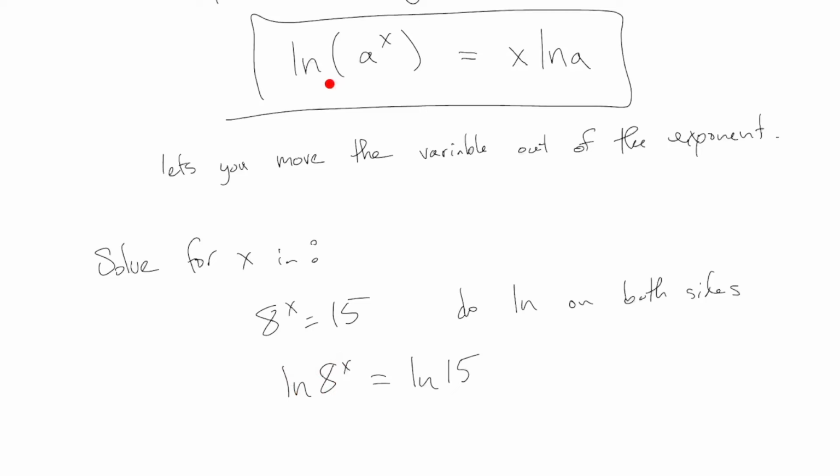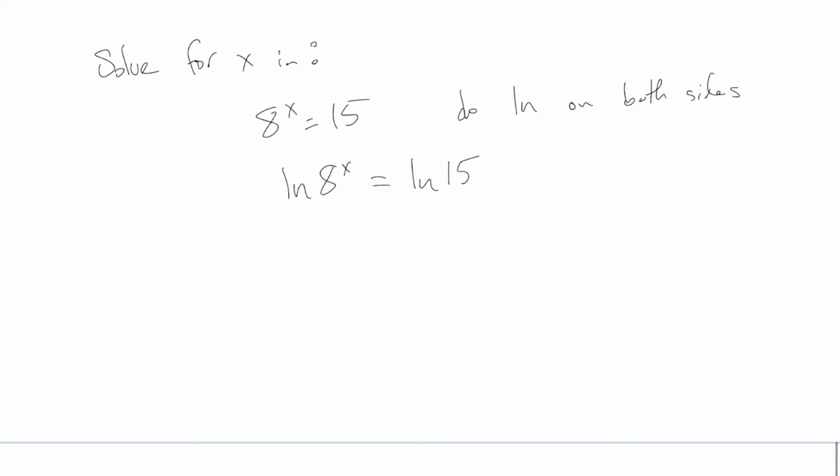The log of something to the power x is equal to x times the natural log of that number by itself. So this is x natural log 8 equals natural log 15. And now I can solve for x by dividing. That was the point of this. My job in this problem was to solve for x. So x equals log 15 divided by log of 8.